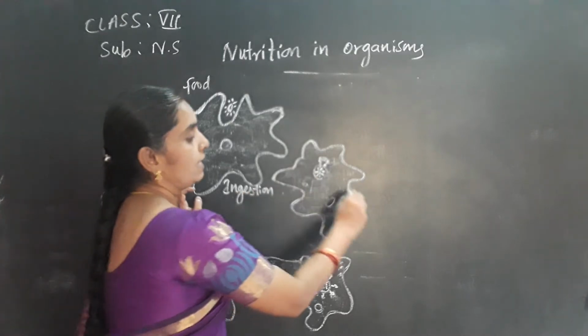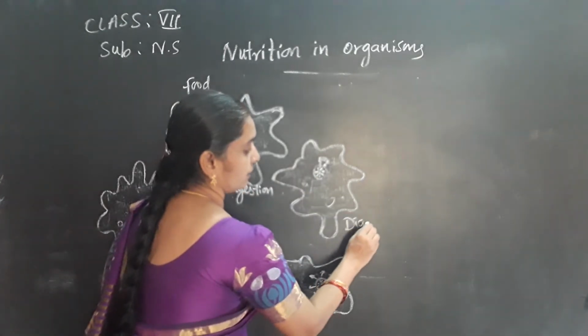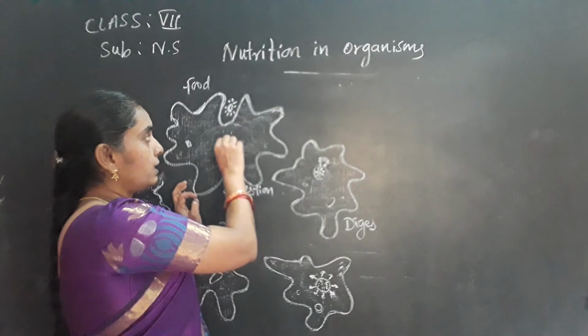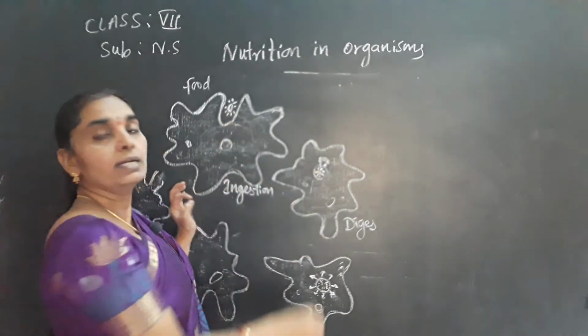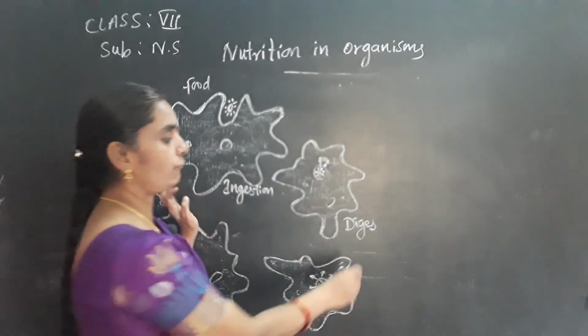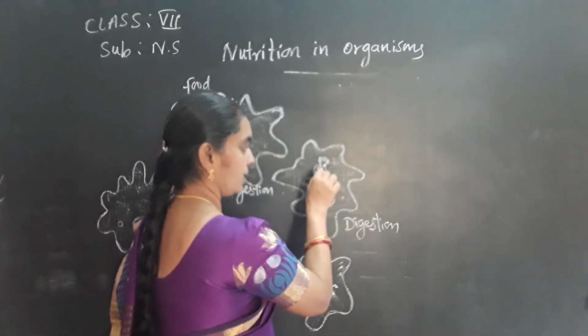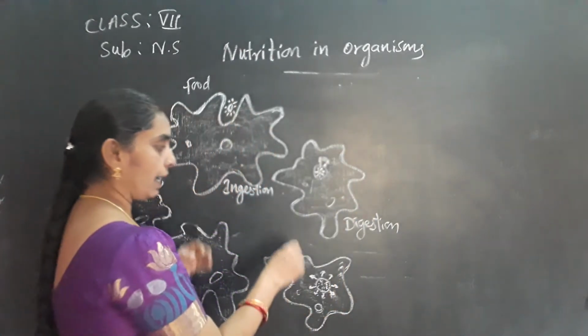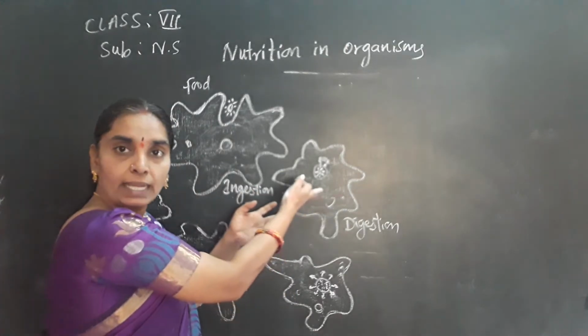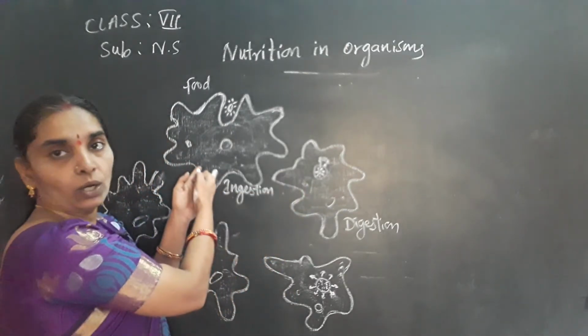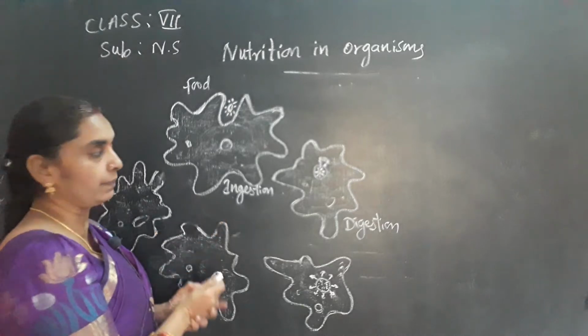This is called digestion. The larger food particles are converted to simple forms in the process of digestion. Digestion takes place inside the body of the organism, here the amoeba.